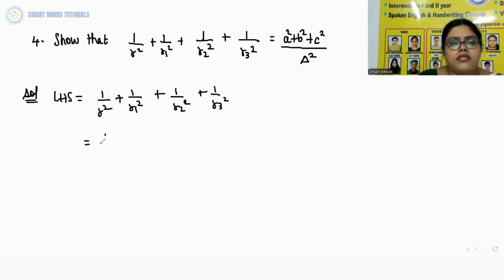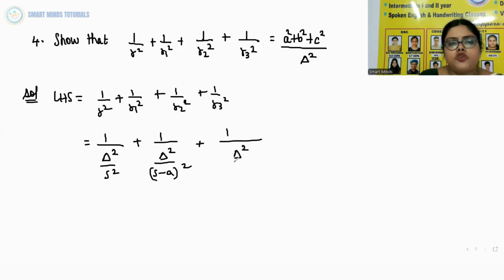Now we know that r is delta by s. So r square will be delta square by s square, plus 1 by r1 square, which is delta square by (s minus a) whole square. The same way r2 is delta by (s minus b), so r2 square will be delta square by (s minus b) whole square.